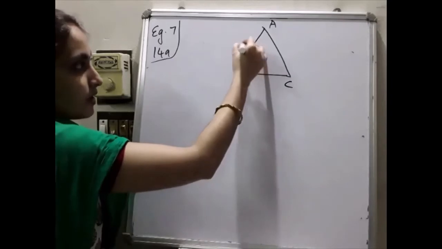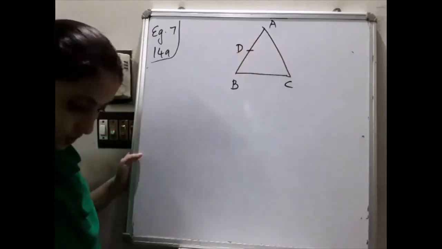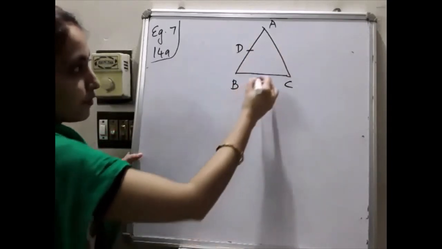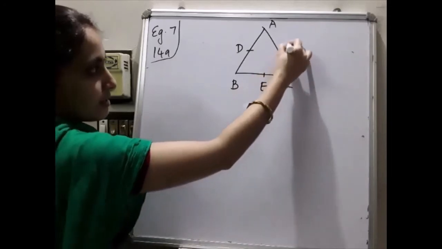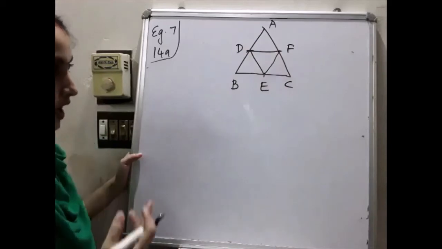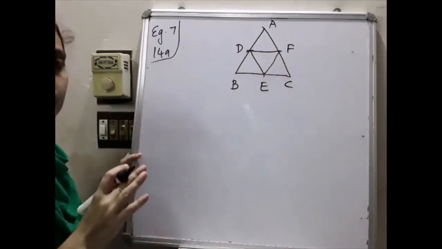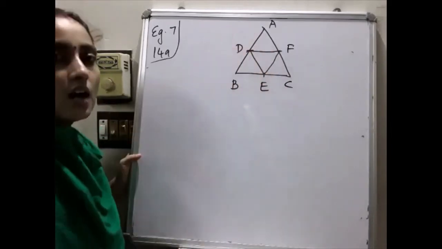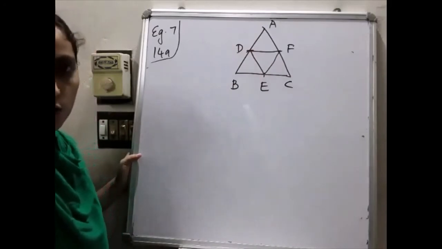E is the midpoint of BC. And F is the midpoint of AC. And we will form another triangle. What you have to prove is that all the four triangles are congruent. That thing we have to prove.